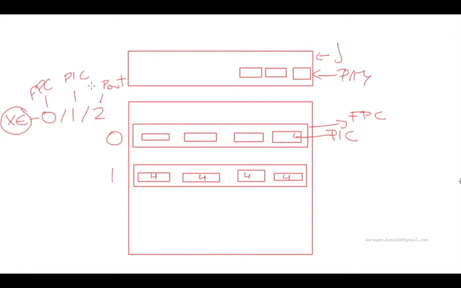With this information and looking at this diagram, where is this interface? We can actually say that it's here. It's the second port if we have 4 ports here, because this will be PIC number 1 and this will be FPC 0.